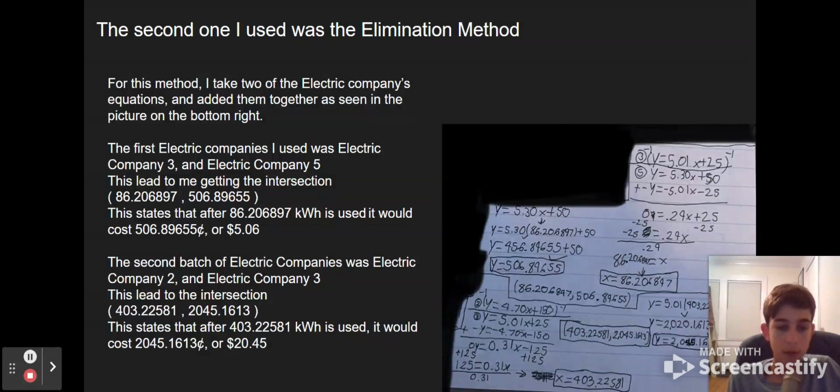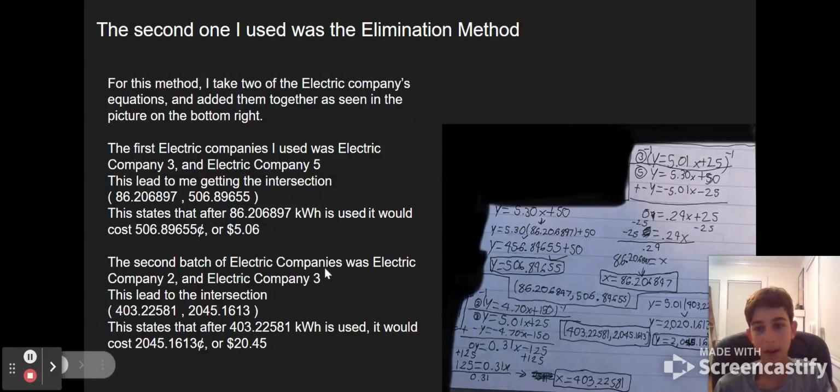This states that after 403.22581 kilowatt hours is used, it would cost us 2045.1613 cents, or $20.45. Sorry for all my mess ups. All the numbers are just boggling my brain.